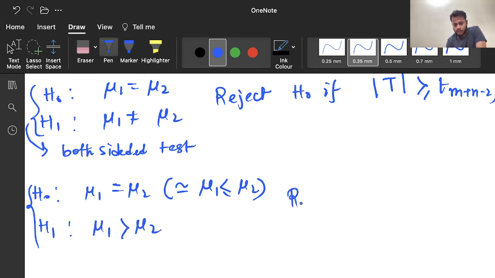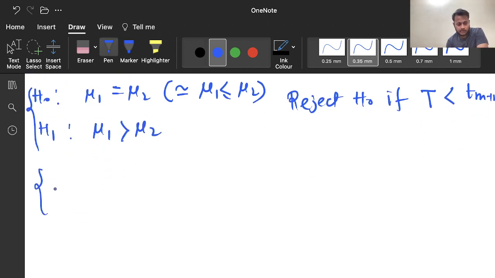For this, reject H0 if t is greater than t with m plus n minus 2 comma alpha.